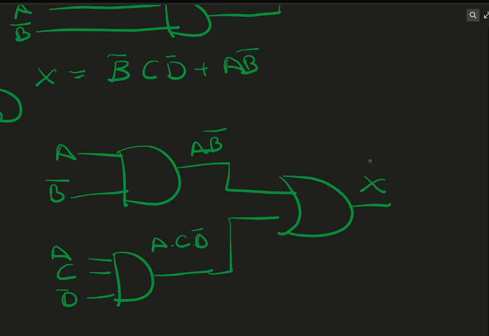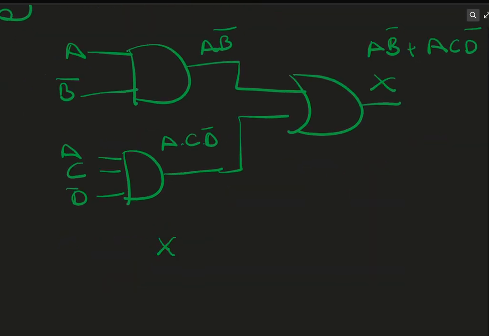That's it. So X equals A B prime plus A C D prime.